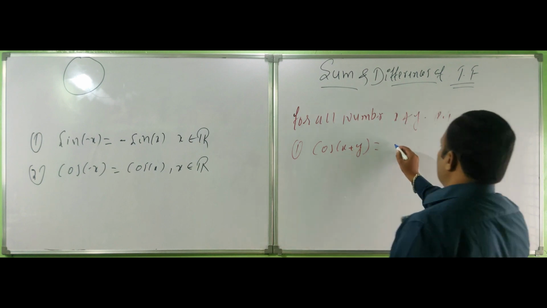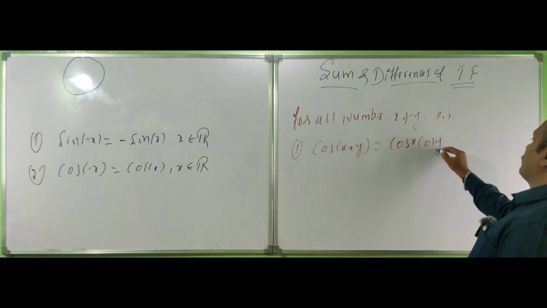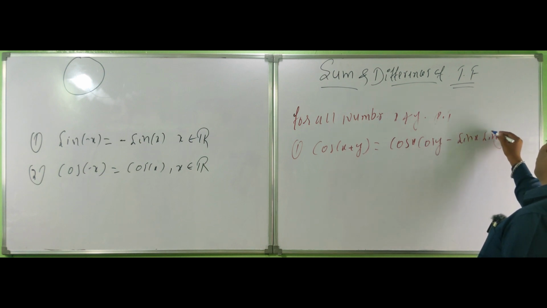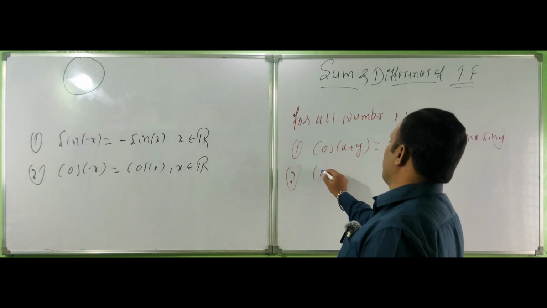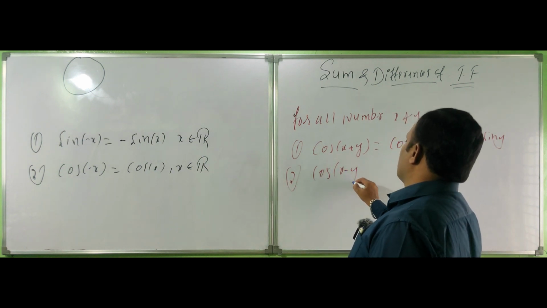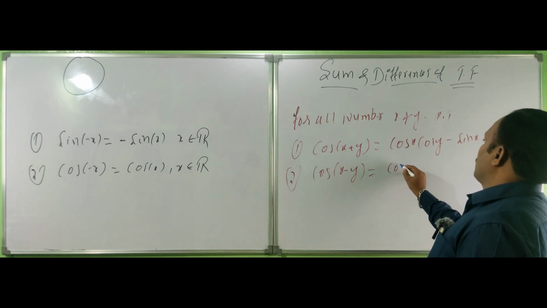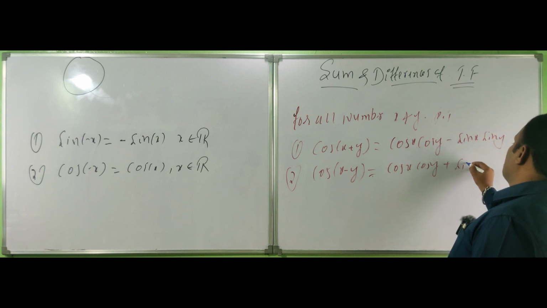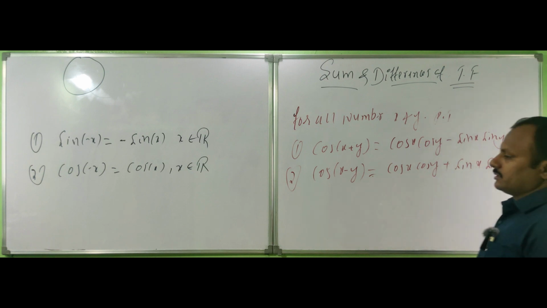And the second one, cos of x minus y, the difference angle, becomes cos x cos y plus sin x sin y.